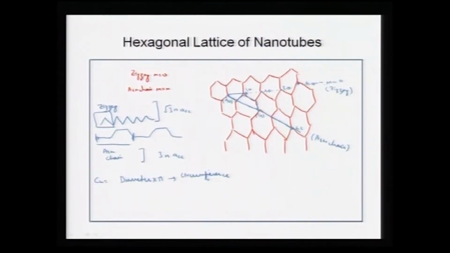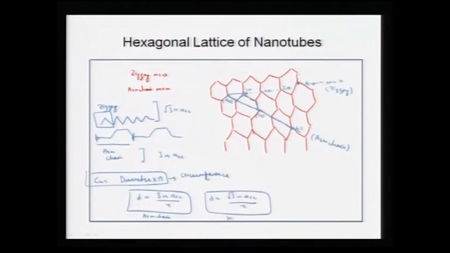So, when I have this type of structure, I can always find the approximate diameter of the tube, because that diameter multiplied by pi will give me the chiral vector. So, that diameter is equal to 3 times n ACC divided by pi for armchair, and d is equal to root 3 n ACC by pi for zigzag.